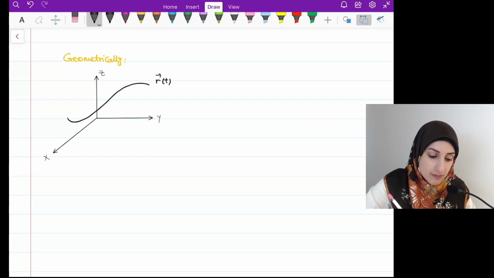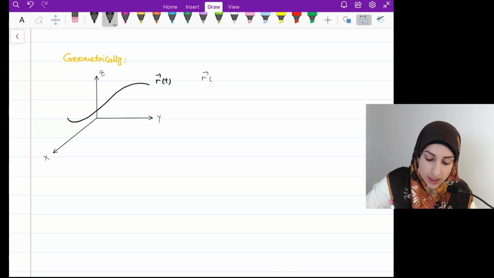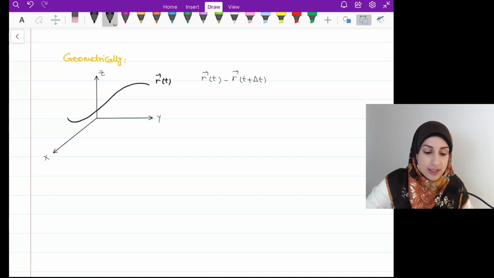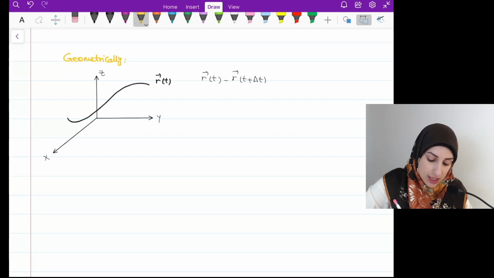So I'm going to write r of t minus r of t plus delta t. I'm going to see what it is. Okay, so just assume that at the time t we are here. So this is r of t from the origin.